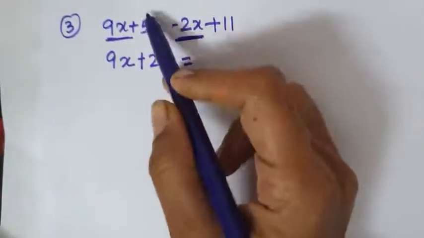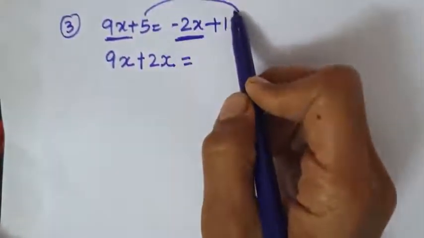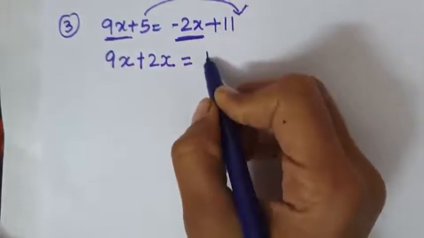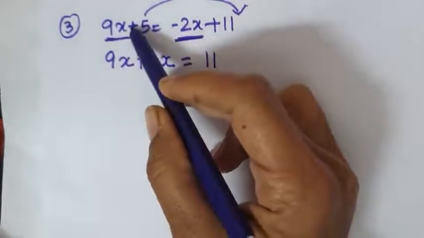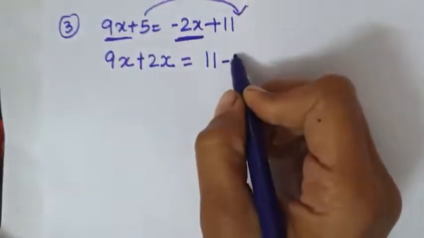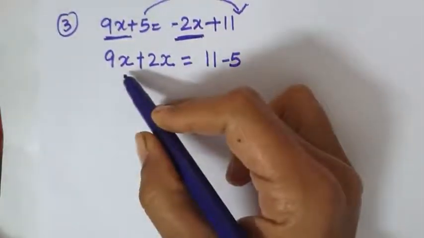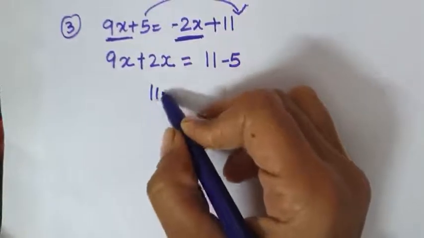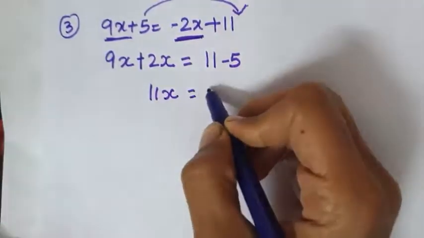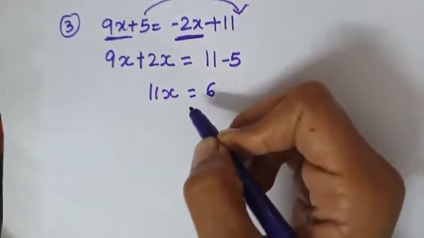Now 5 we will shift to that side. So 11, 5 is getting added, so it will get converted into negative. So what we get? We get 11x is equal to 6.